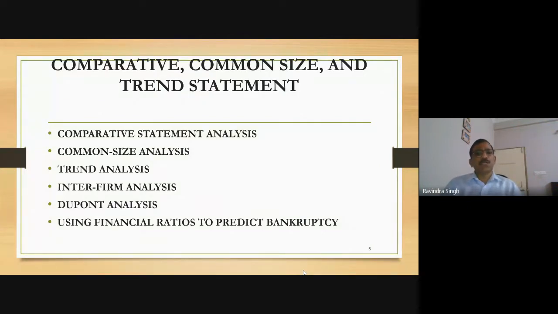So what we see is the trend analysis, what trend is going on, intra, inter, or any other. And the DuPont analysis, where we study the ROE, return on equity. We study how, based on the equity, that is, the return to the directors, we can analyze the health of our financial status.